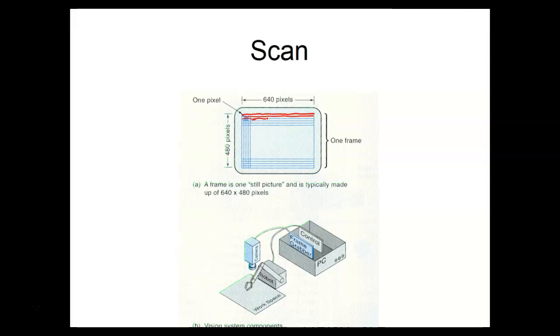So basically, when they specify video like 800 by 600, they're specifying how many pixels are on a line, and then, of course, this right here would be the number of lines.